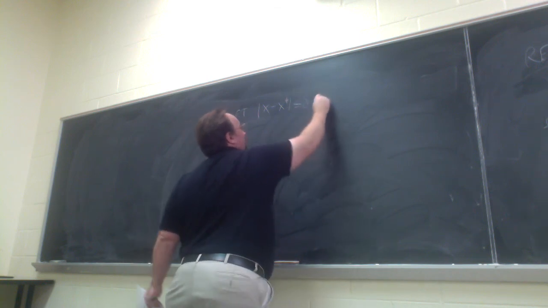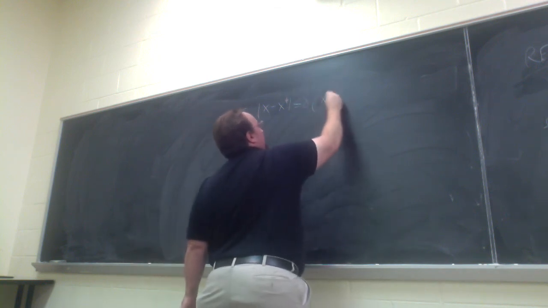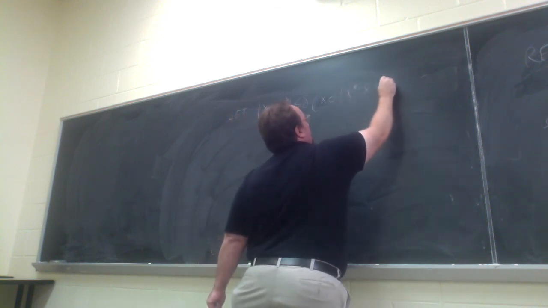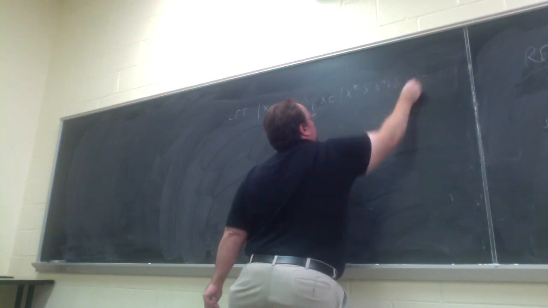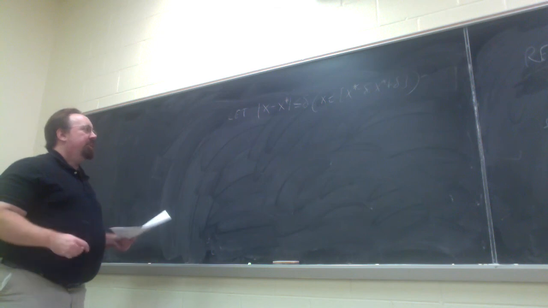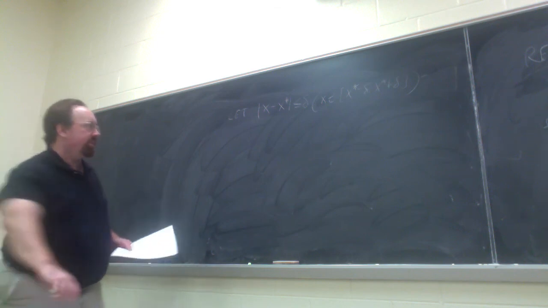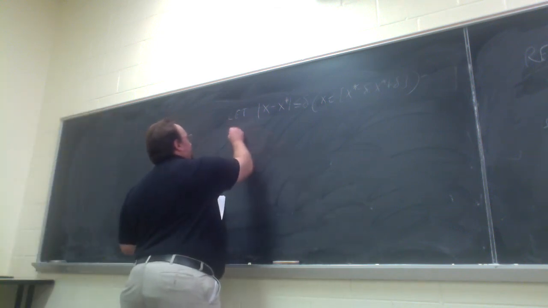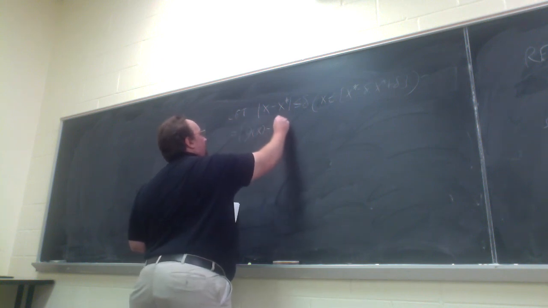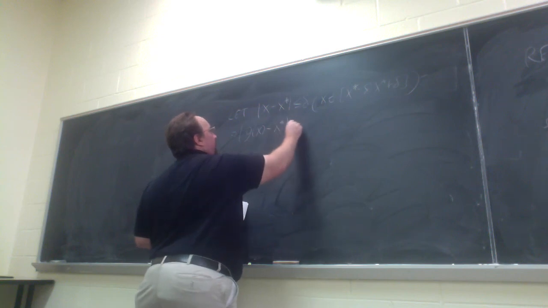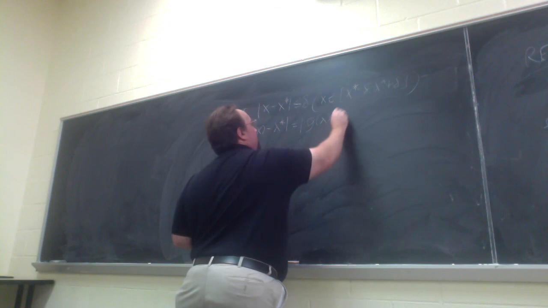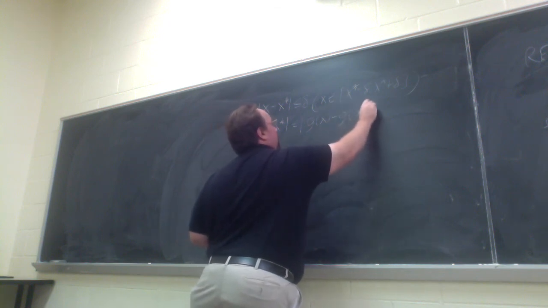This is another way of saying that x is within the interval x star minus delta, x star plus delta, because x is within distance delta of the center of the interval, which is x star. Now let's take a look at the absolute value of g of x minus x star. Well, that's the same as g of x minus g of x star, because x star is a fixed point.